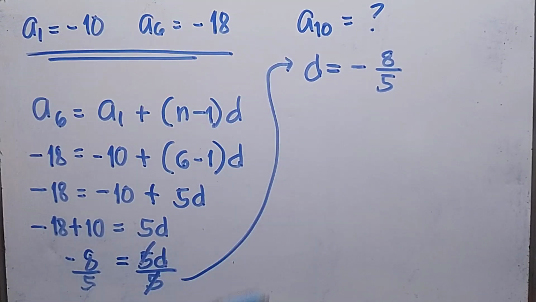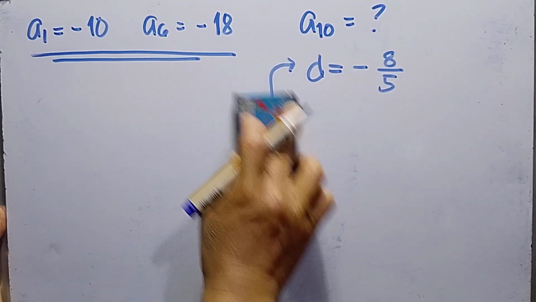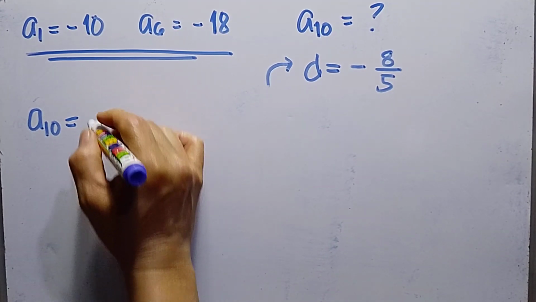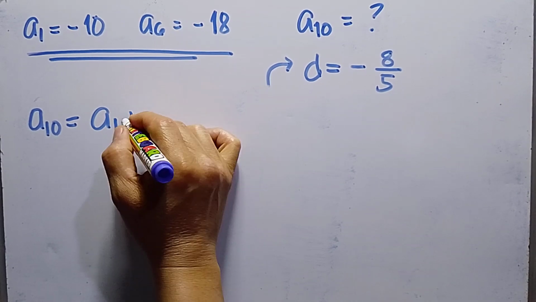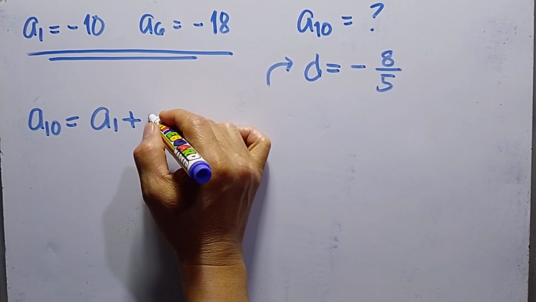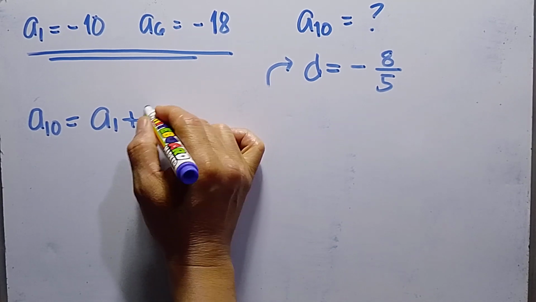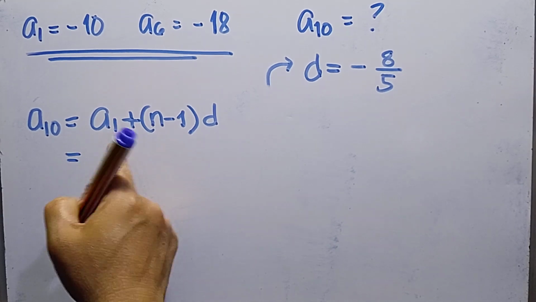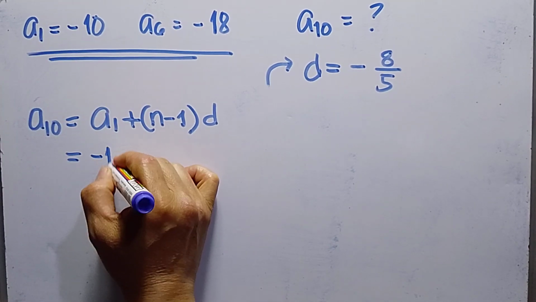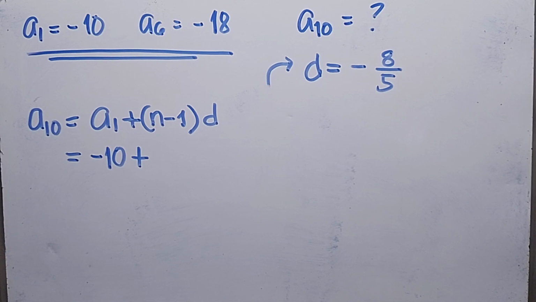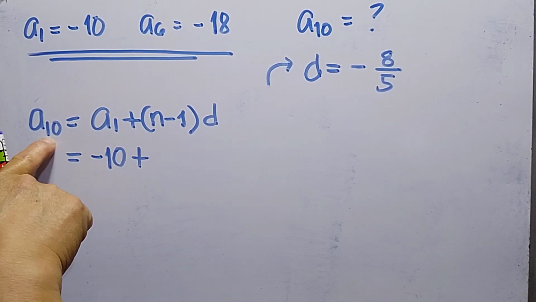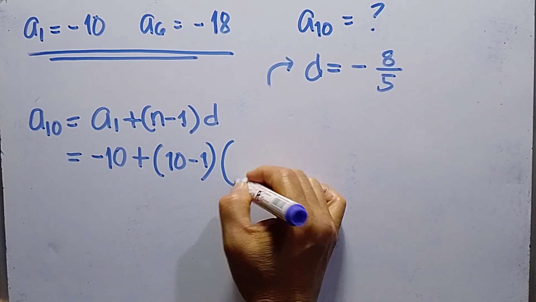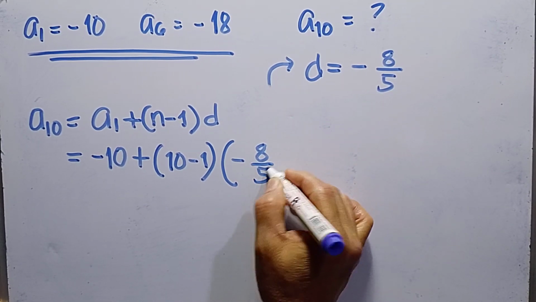Now, the unknown is a sub 10. So we can use this one: a sub 10 is equal to a sub 1 plus n minus 1 times the difference. So a sub 1 is negative 10, plus n, the subscript, which is 10, 10 minus 1. The difference is negative 8 over 5.